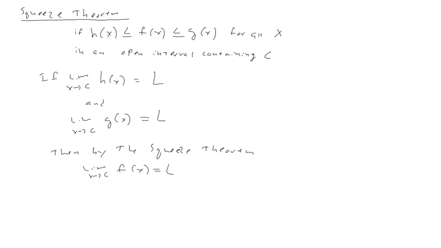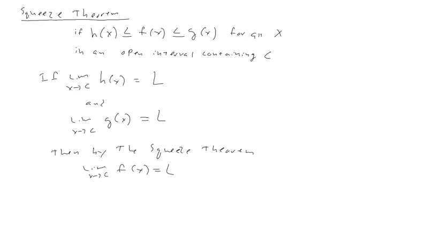F is between them, meaning h is always smaller than f. Everywhere in the graph, h is smaller than f throughout the whole function from beginning to end. And g is always bigger than f. g is always larger than f in all the sections.